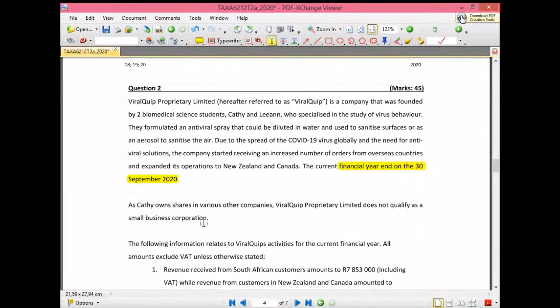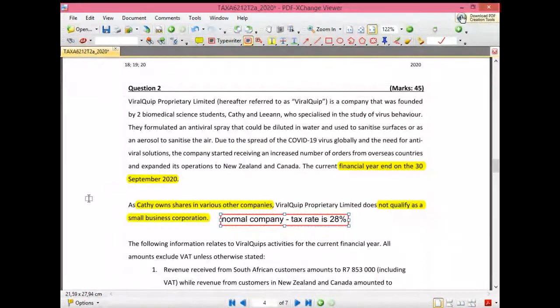As Kathy owns shares in various other companies, they do not qualify as a small business corporation. Based on that information, we know that when we work out the tax liability, this company is seen as a normal company for tax purposes. If it's a normal company, our tax rate is 28%.